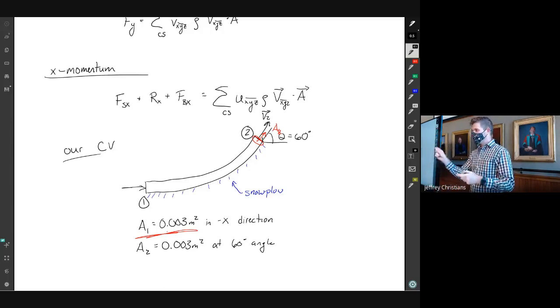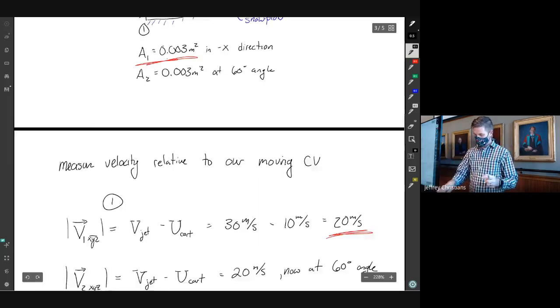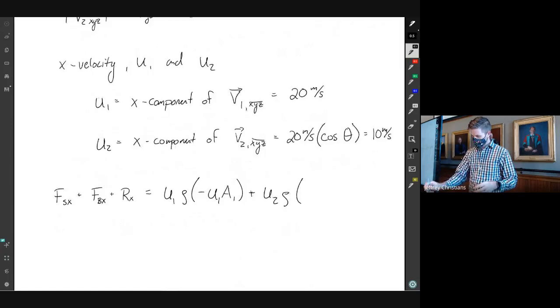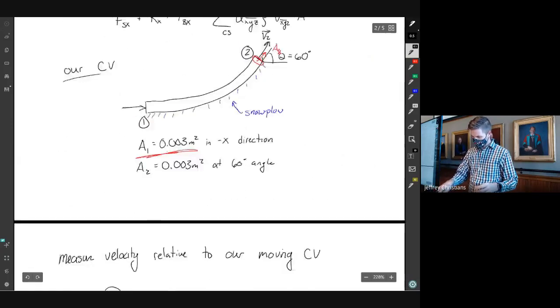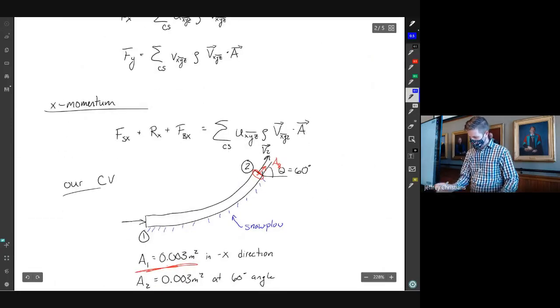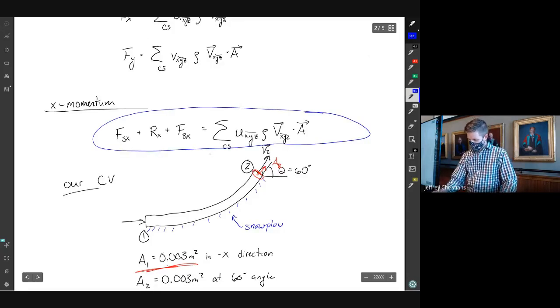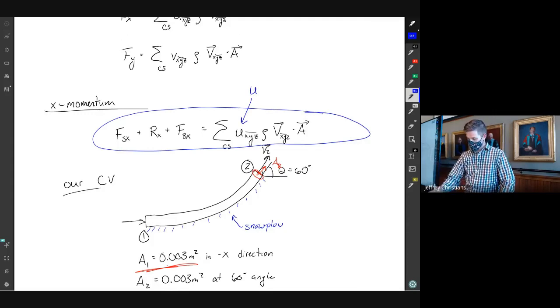So that's why we keep the, when we write this equation, this one stays as U, that's the x component. This one stays as V vector.